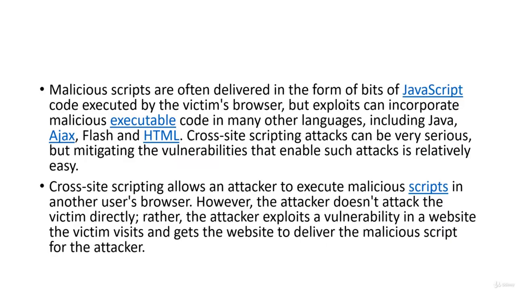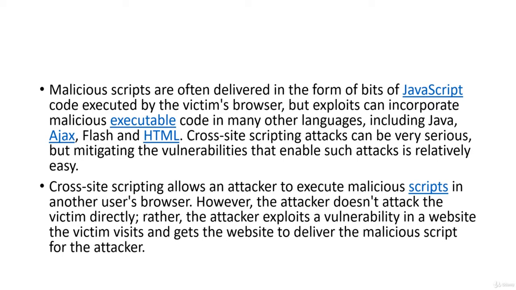Next, malicious scripts are often delivered in the form of bits of JavaScript code. That means JavaScript code will be injected as malicious code into the victim's browser, and it can be exploited with executable code in many other languages. Java is a backend language and JavaScript is a front-end language, so there is a relation between the front-end and the backend. The front-end is used to deliver the content of the backend.